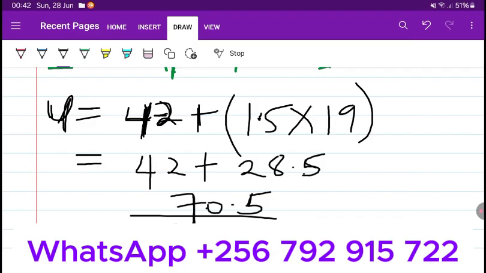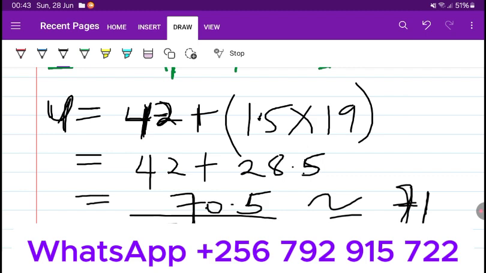Now what this means is that this is the upper limit that they asked us in part A. Now, of course, you look at the data set. The data set that was given to us has no decimal points, so you can round off to 71. But if the data set that was given to you had decimal points, then you maintain the decimal point that has been given to you in the question.